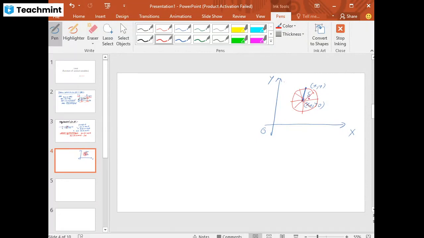Otherwise, I can get this particular concept because I'm saying that the distance between the point and this particular point is less than delta. It means that using the distance formula, the square root of (x minus x naught) square plus (y minus y naught) square should be less than delta.